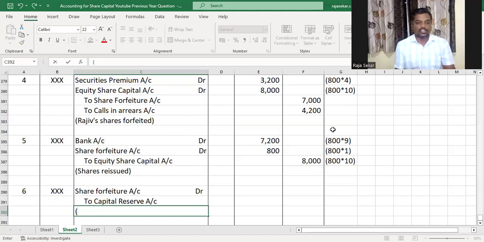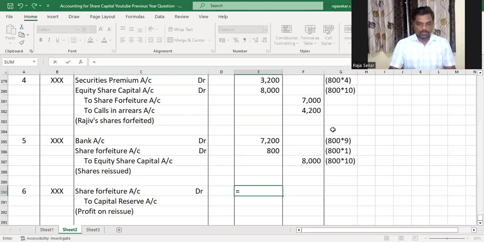That will be your profit on reissue. Only when all the shares have been reissued. If there is partial reissue or if there is reissue on variable terms to two different people, then this will not be true. You'll have to do the working note. But in this question, as all the shares have been reissued to one person, we don't have to do any working note, we can directly compute profit on reissue.